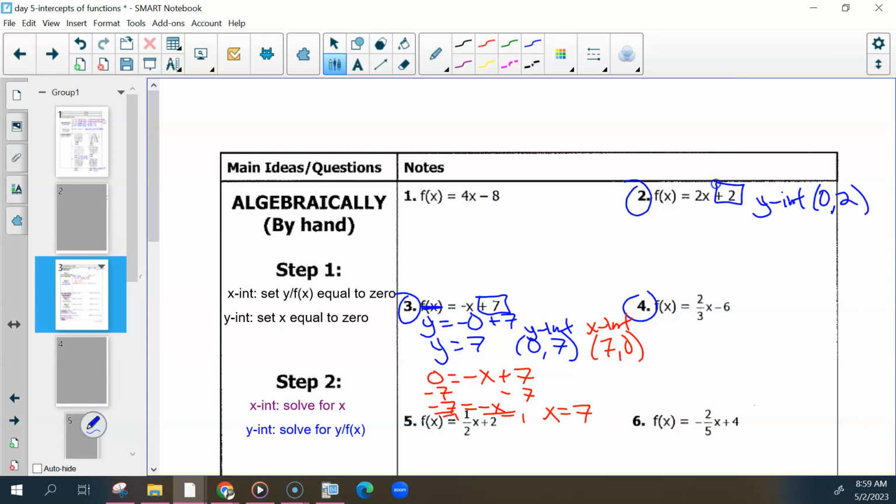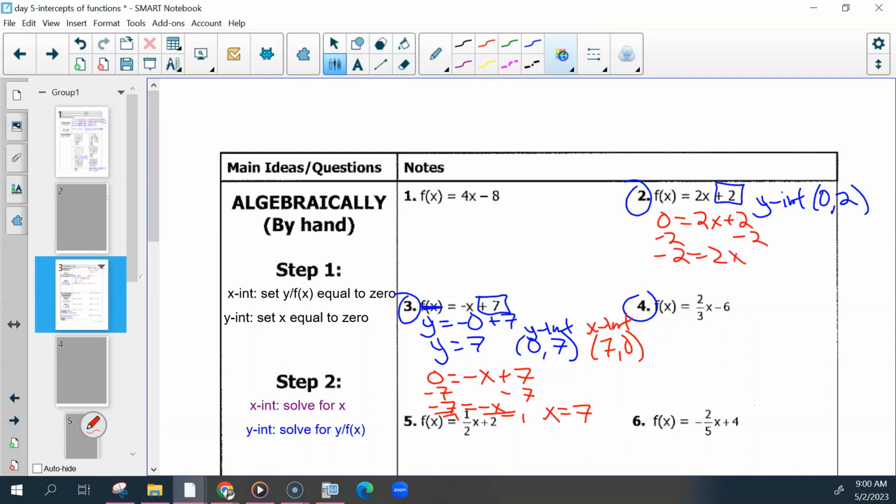But your x-intercept, you have to do the work. Again, you can change this to y or just change it to 0. Solve for x. How would we do that? Subtract 2 on both sides.